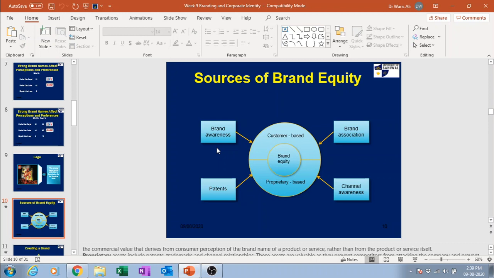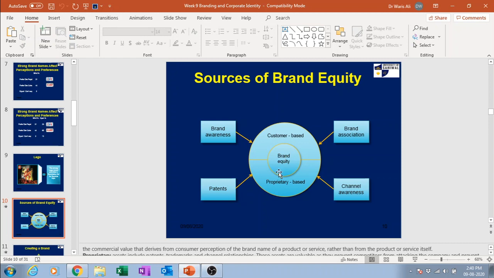So to what extent customers are associated with your brand and how many people are aware of your brand, that is the customer base, and that will increase your brand value. If a large number of people are associated with your brand and know your brand, that has contributed to brand equity. It means the value of your brand has increased.